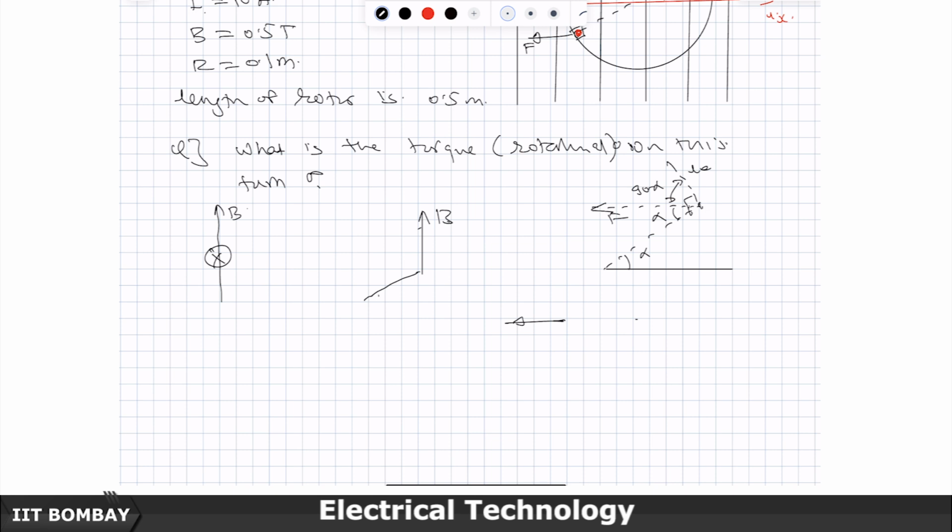If the force is directed around the horizontal line, I can break it into two components. One is around the radius vector and the other is around the tangent vector. So I can resolve this force into two perpendicular components.